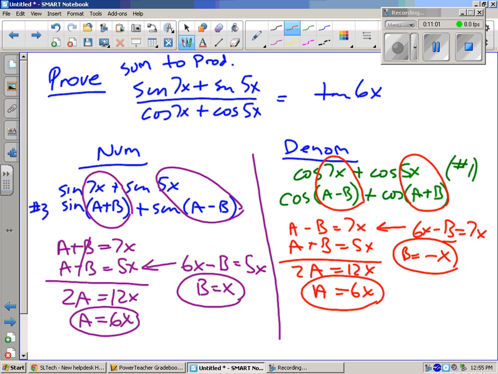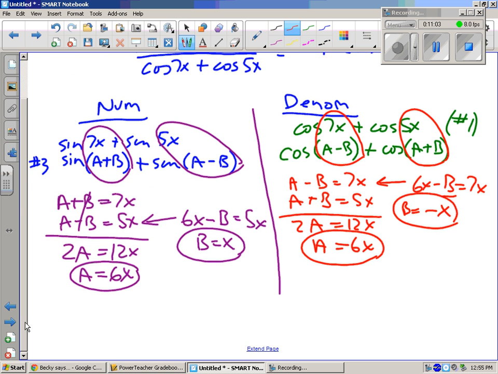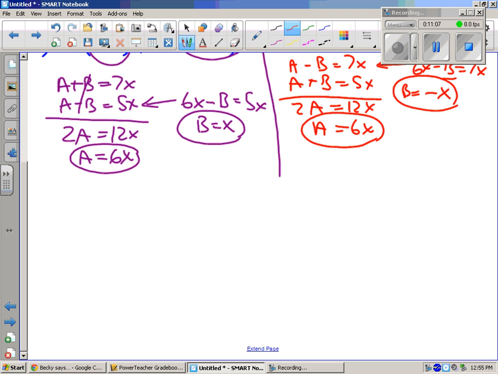All we have to do now is find the product form of these. So if I look at the third one, the product form of the numerator is 2 sine A cosine B. The product form of this one, which was the number 1 formula, is 2 cosine A cosine B.